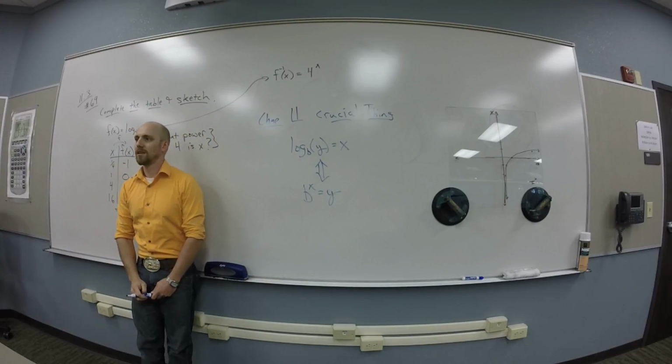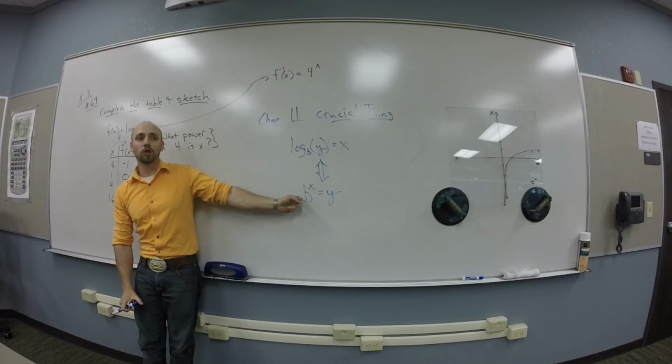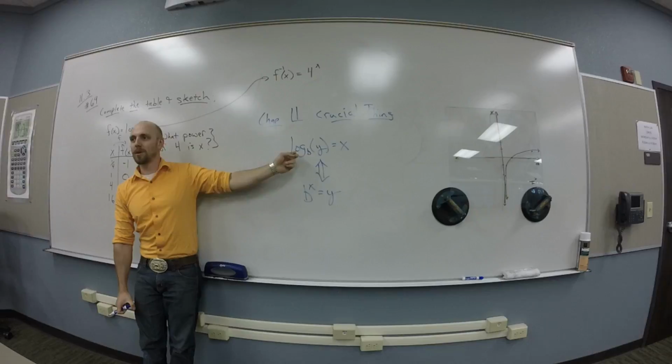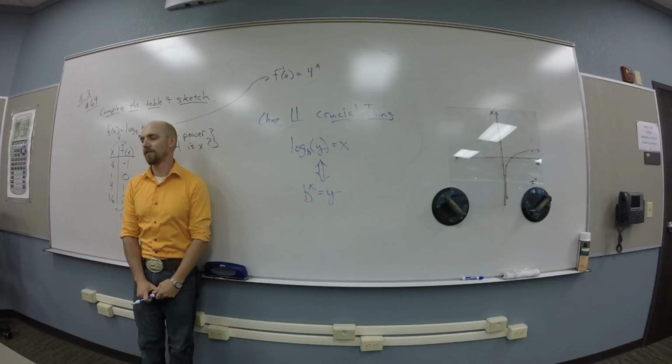There's an exponential form, that's a function going forward, that's b to this stuff. And there's a log form, that's a function coming back, and that's log base b of stuff. This is the crucial thing in chapter 11. If you take nothing else, take this.